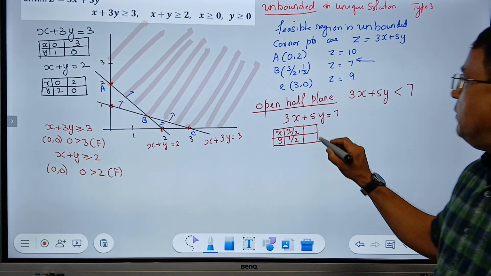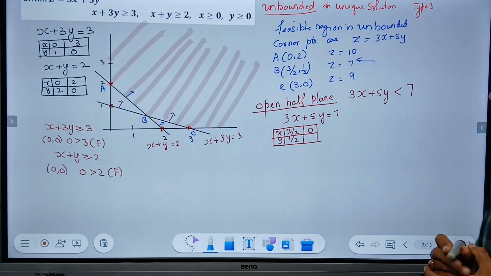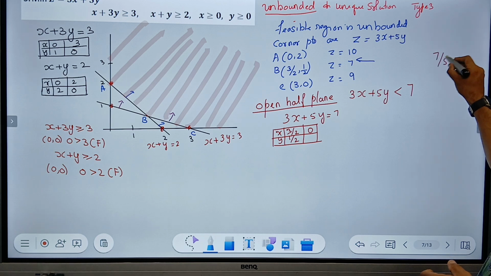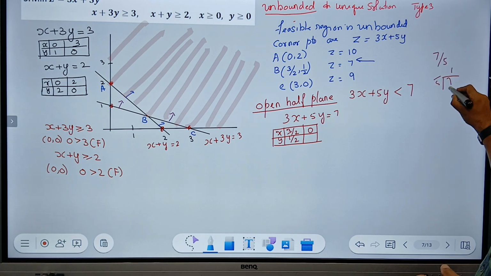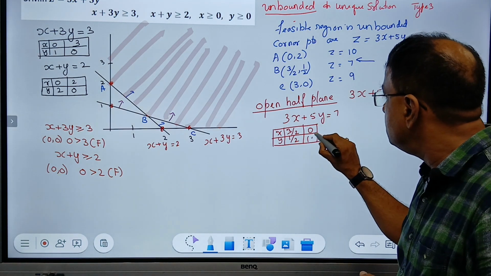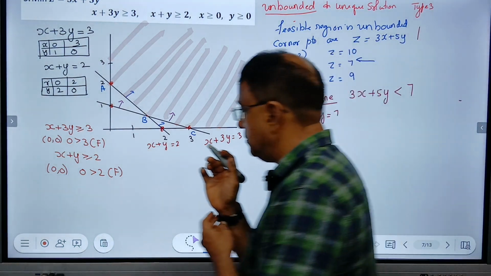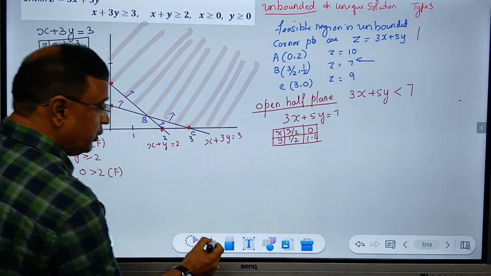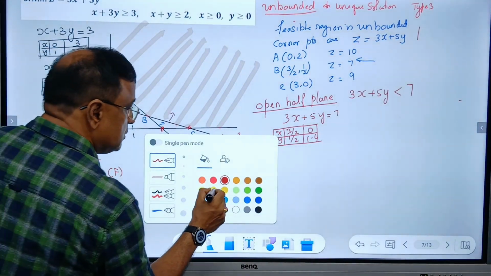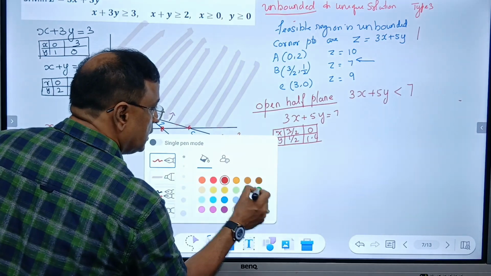The other one will be, when you put x is 0, y will be 7 by 5. What is 7 by 5? 1.4. Okay, so let's plot this. I will use green color.